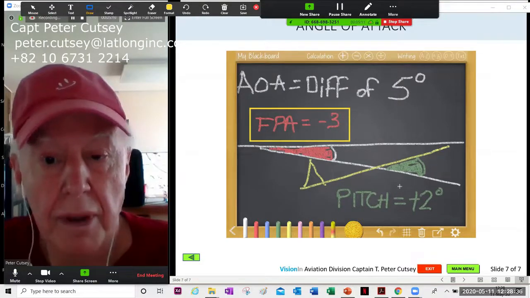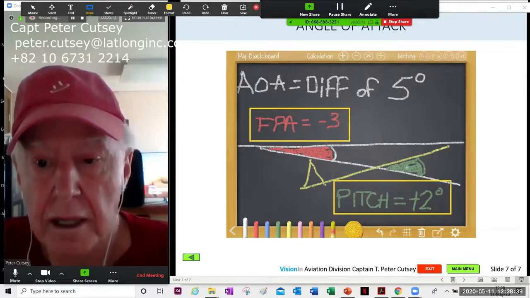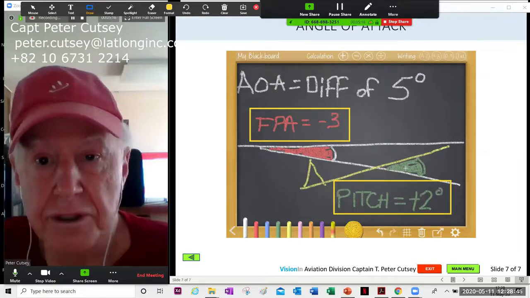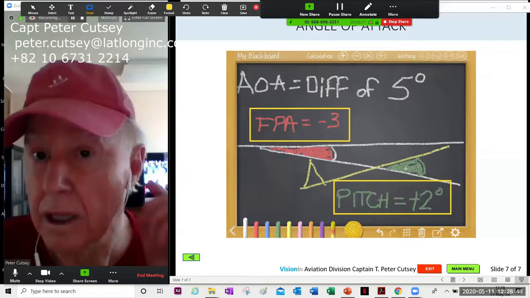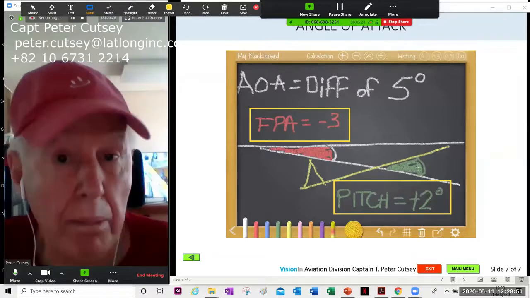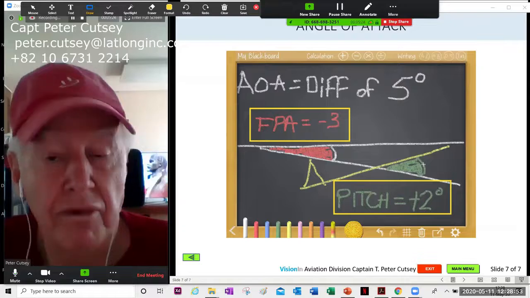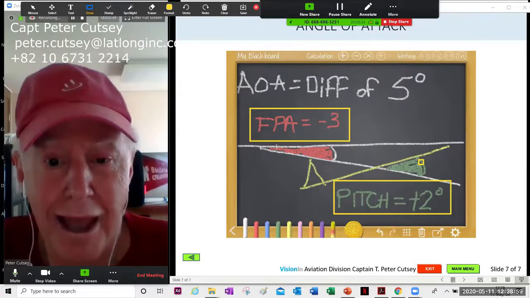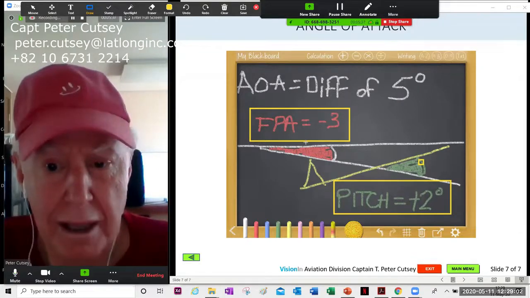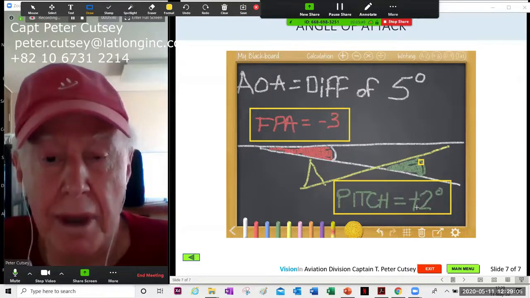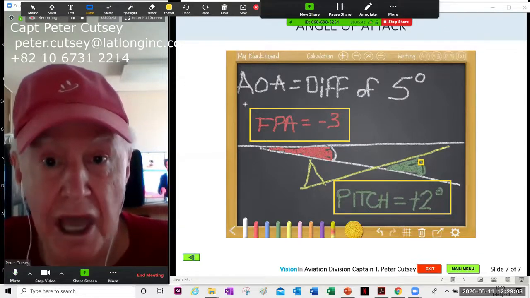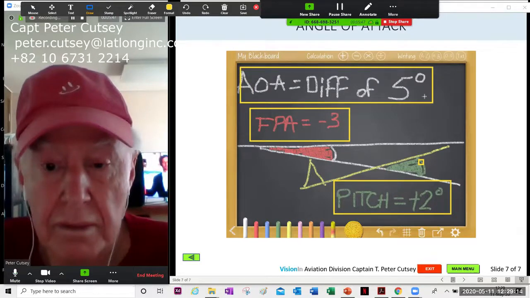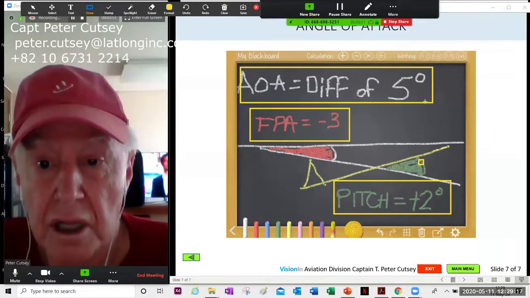Your pitch angle, on the other hand, is, let's say for all intents and purposes, you're at flaps 30 at 60 tons, would be close to 2 degrees up at flaps 30. So you're pitched up at 2 degrees, and your aircraft's flight path is actually -3. The difference between both of them, as we mentioned in that explanation on the slide before, the difference is 5. So your angle of attack in this situation is 5 degrees.